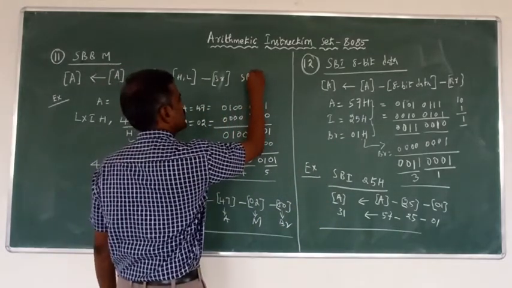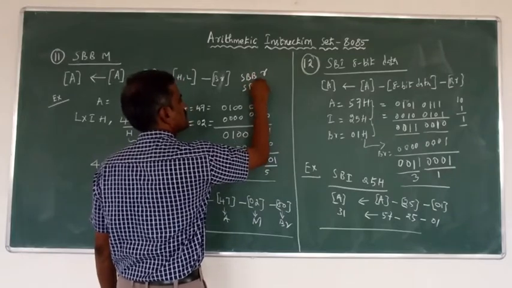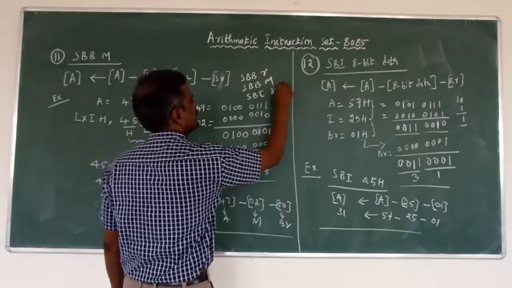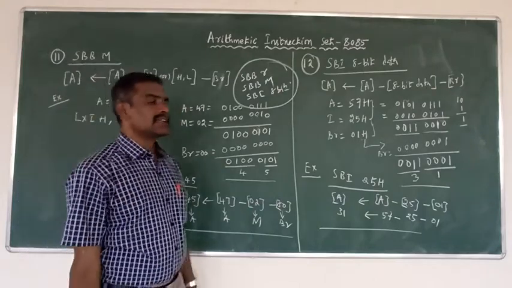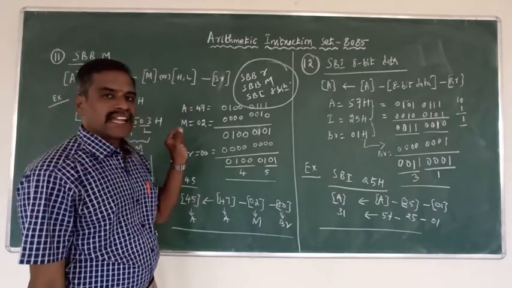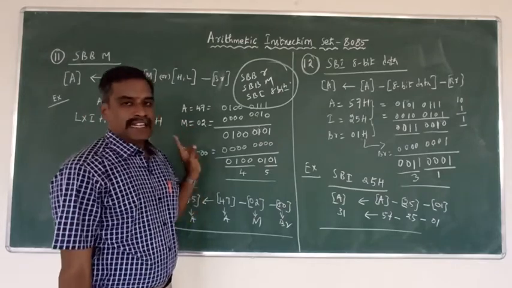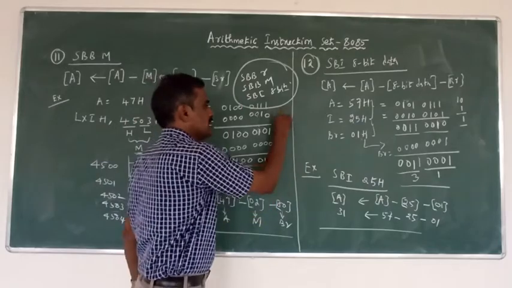Okay, here SBB R, SBB M, SBI 8-bit data: all three instructions subtract two 8-bit data. Data 1 is always the accumulator.